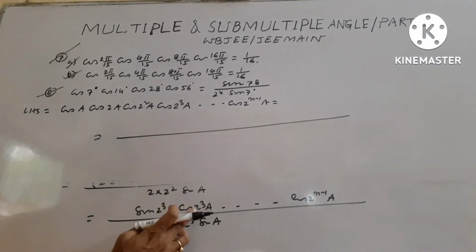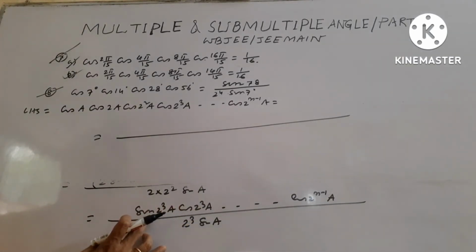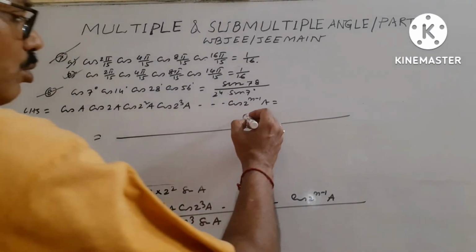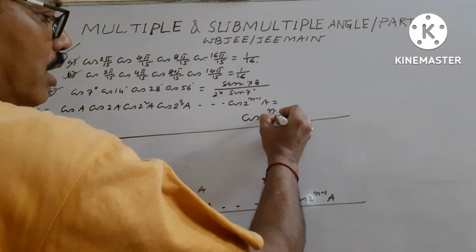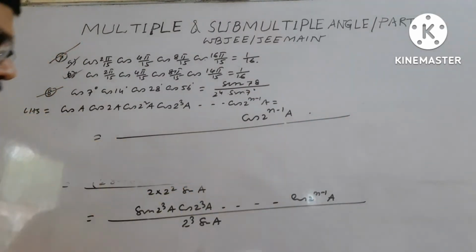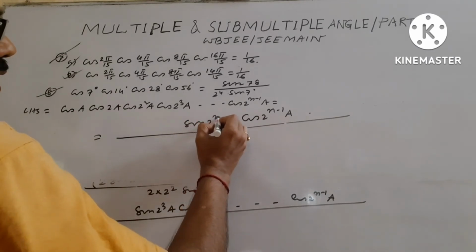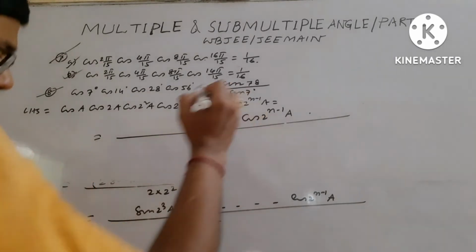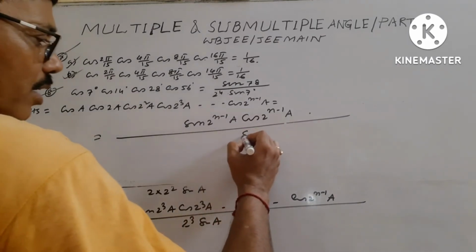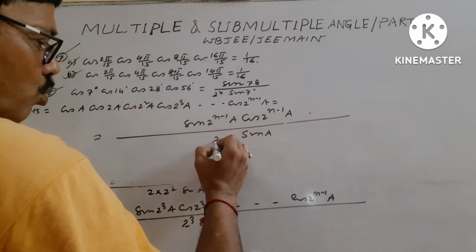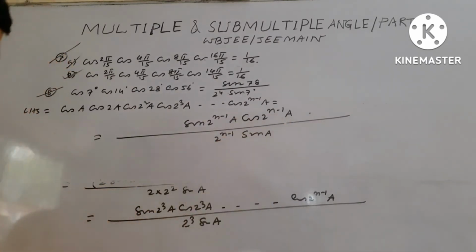Look, this angle and this angle are the same. If we proceed in this way, cos 2 to the power n minus 1, this one is the last angle. So we get sine 2 to the power n minus 1 into A. And in this case, it will be 2 to the power n minus 1 sine A. If it is 3, it is 2 cube.